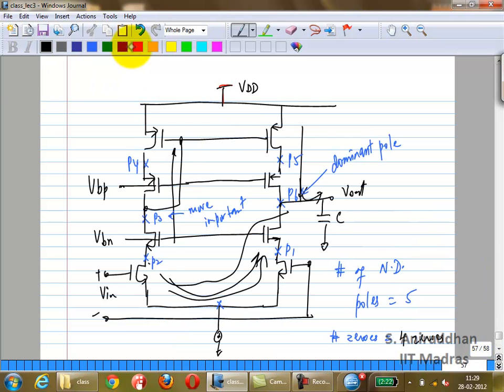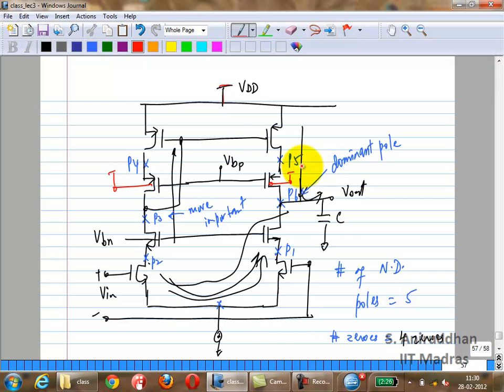Now, maybe it's a better idea to do it this way. Let me redraw this slightly. You have the back gates, right? What do you do with the back gates normally? The bulk? Normally ground them for the NMOS. What do you do for the PMOS? Connect them to VDD. Okay? But in many cases, for the NMOS, you don't have a choice.